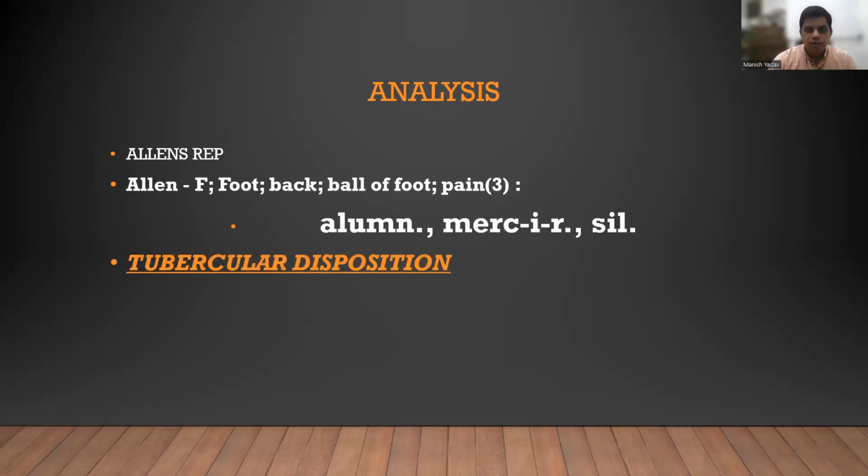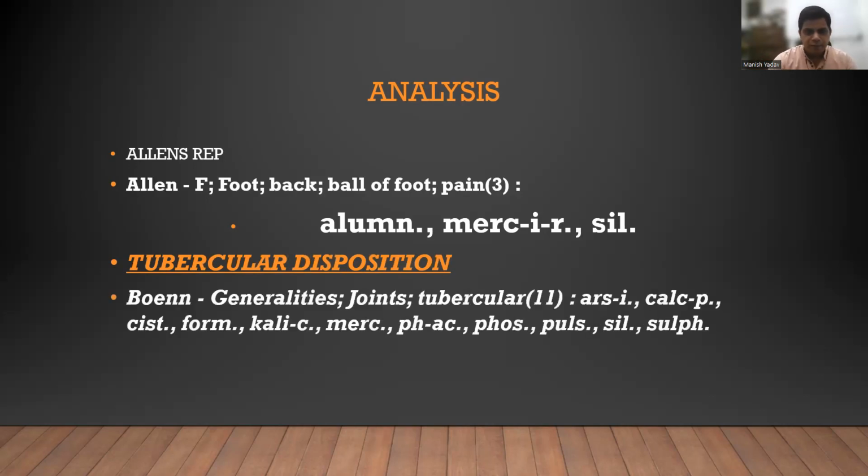Then we go down, tubercular disposition. So how to take miasmatic rubrics? Sometimes people ask, how to take a miasmatic rubric? There are so many remedies which indicate miasm. In Bonninghausen, you will get psoric, psoriatic, syphilitic. And when you look for joints, why did I take joints? You can see tubercular joints. Now in this case, we are treating her breast tumor, but look at her back pathology. What is first affected? Her joint.